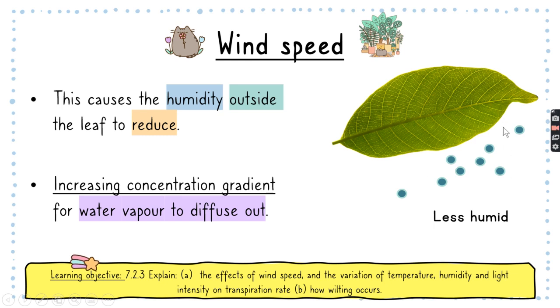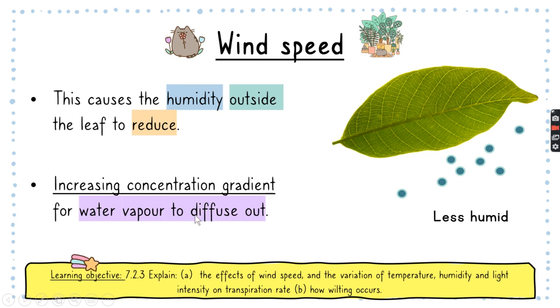Because before it is more humid, that means that the concentration gradient is much smaller. But as we have wind blowing here and moving the water vapor away from the surrounding air, we have a greater concentration gradient.